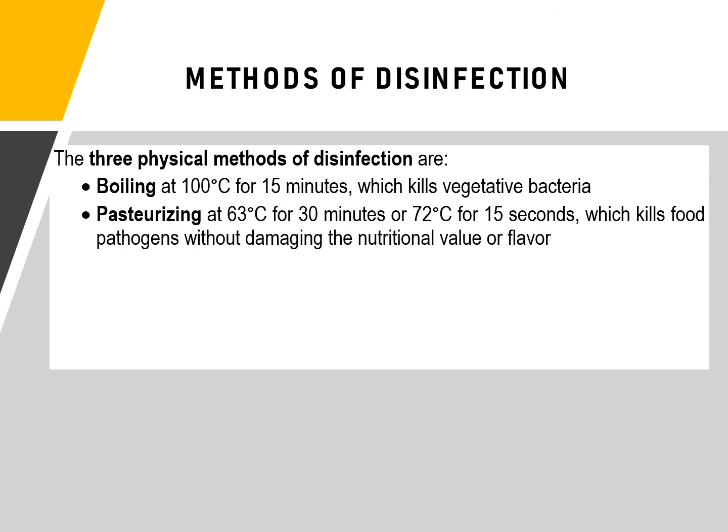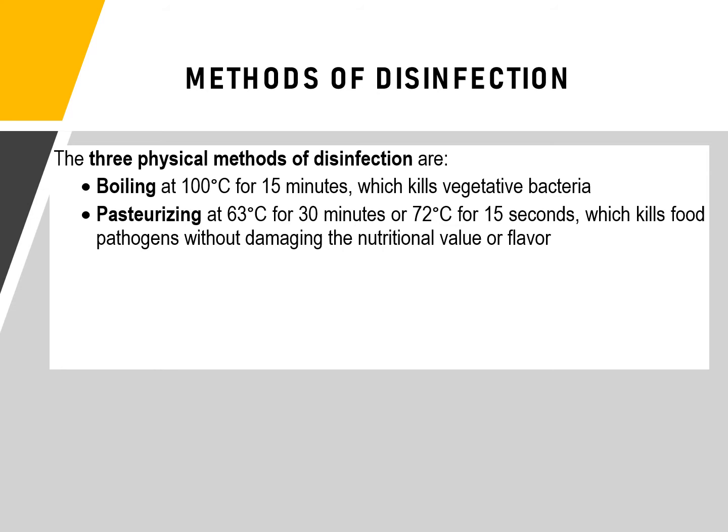Next, we have pasteurization, or pasteurizing, at 63 degrees Celsius for 30 minutes or 72 degrees Celsius for 15 seconds. This process kills food pathogens without damaging the nutritional value or flavor of the food. If you take a look at the temperature and the time, we have two different temperatures and times.